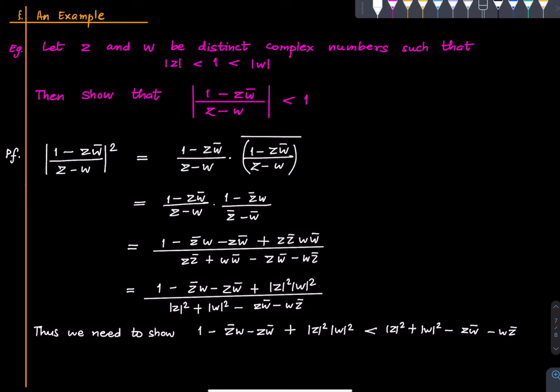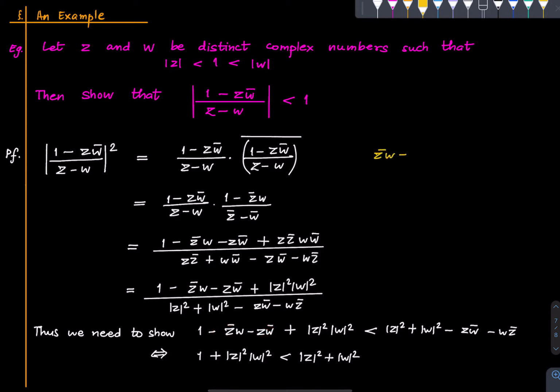That's exactly what we need to show, because we want to show that this is less than 1. And this part cancels out. So which is equivalent to showing that 1 plus mod z square mod w square is less than mod z square plus mod w square, right? Because this part just cancels off. This is a real number, right? Why is that a real number?